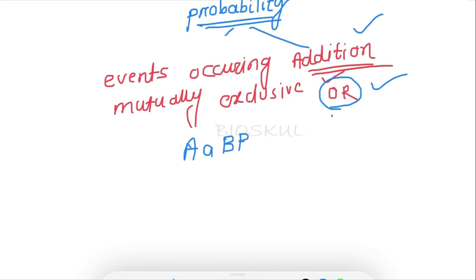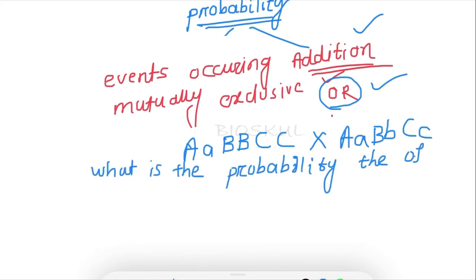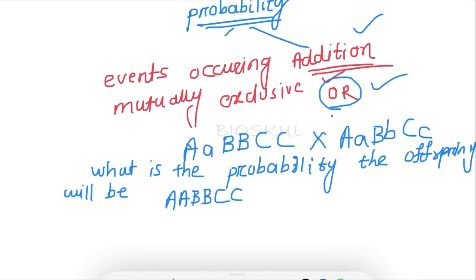If we cross a parent AaBBCC with AaBbCc, what is the probability that the offspring will be AABBCC or AABbCc?